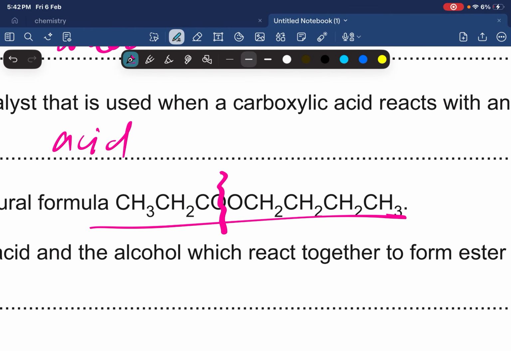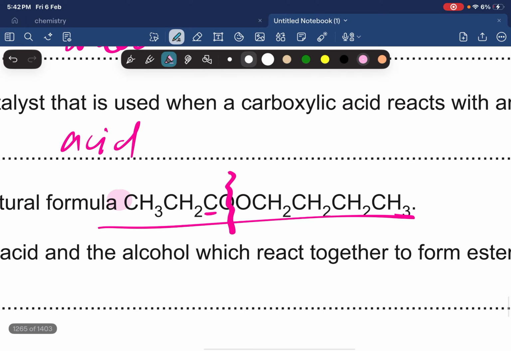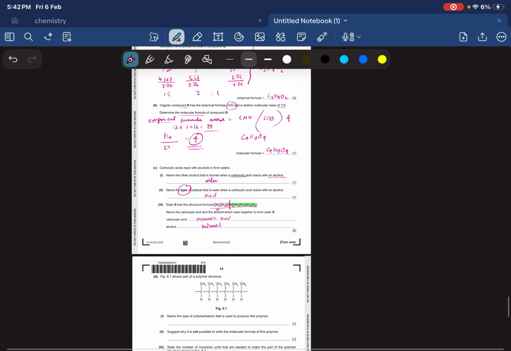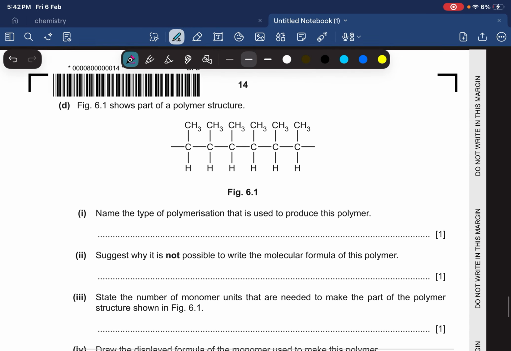The carbon that has no hydrogens with it is basically the acid part, and the carbon that has a hydrogen with it is the alcohol part. So the acid part has 1, 2, 3 carbons, so that's definitely propanoic acid, and the alcohol part has 1, 2, 3, 4, so that is butanol.